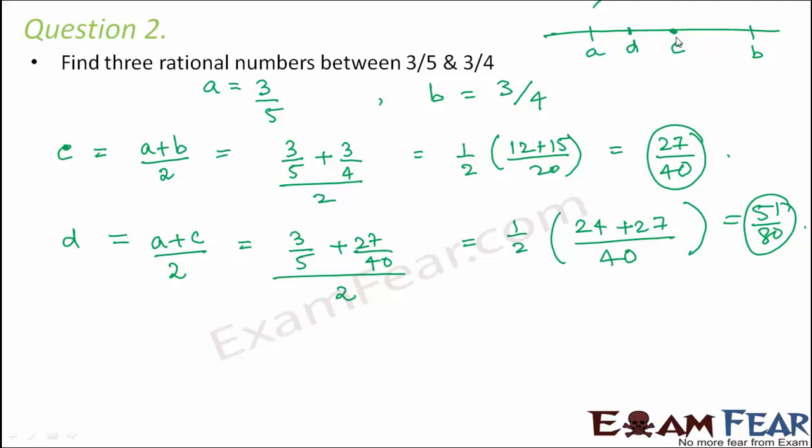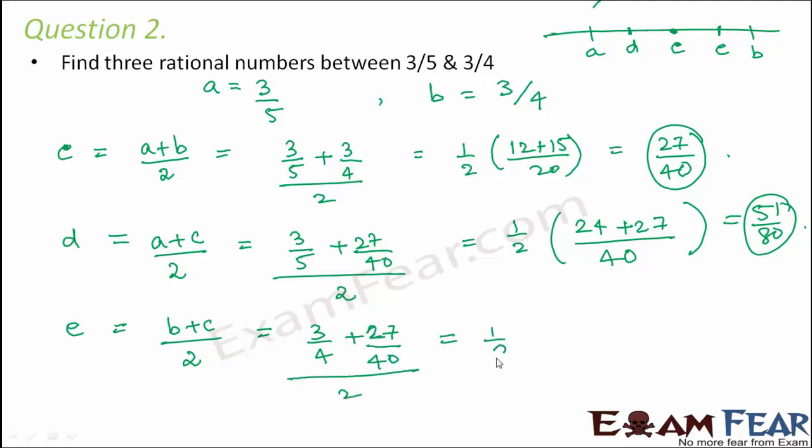Similarly, let us try to calculate the mean between C and B. Let us call this point E. So E will be equal to (B plus C) divided by 2. So that is equal to (3 by 4 plus 27 by 40) divided by 2.